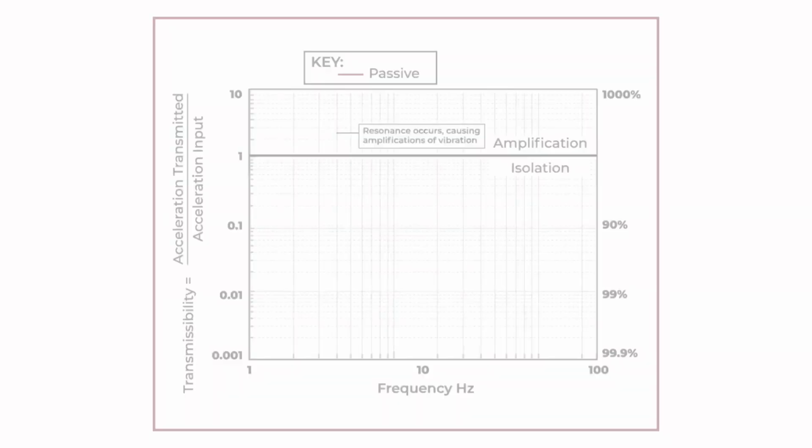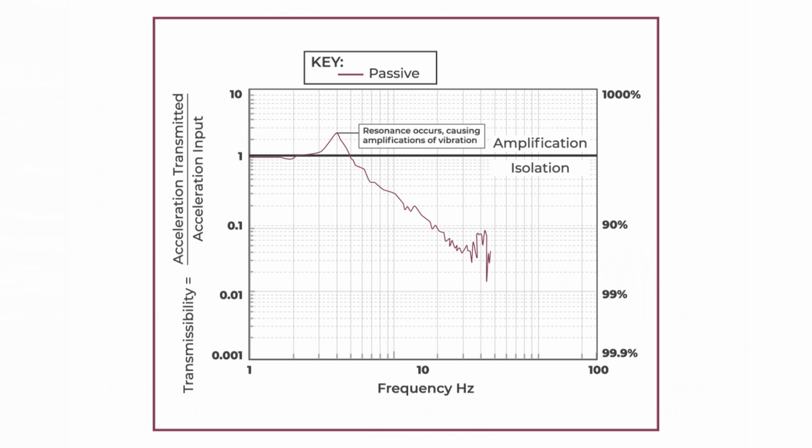A passive vibration isolation system always has a natural frequency where vibration is amplified before it is attenuated. On most of the instruments that we work on, that natural frequency is in the 2 to 10 hertz range, meaning that vibration in that range is amplified before the attenuation occurs.